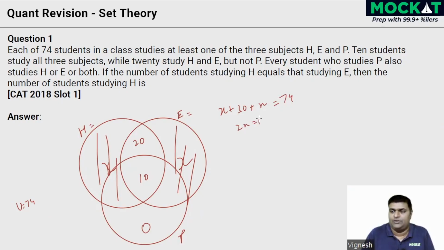So 2x equals 44, x equals 22. What is asked is the number of students studying H. H over here is 30 plus x, and that x we found to be 22. So you substitute 22 here and you get 52. And that becomes the answer for this question.